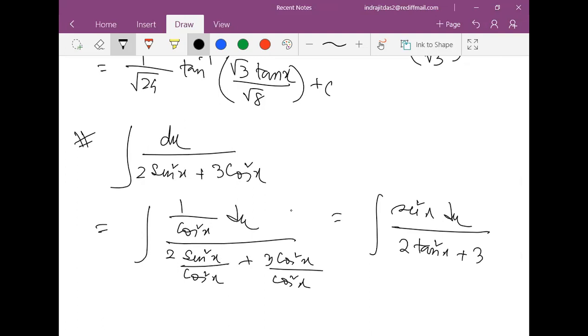Now it is easier because you take z equal to tan x, and I don't want to proceed further. I hope that you can do it because dz is sec square x dx, so you can solve it.